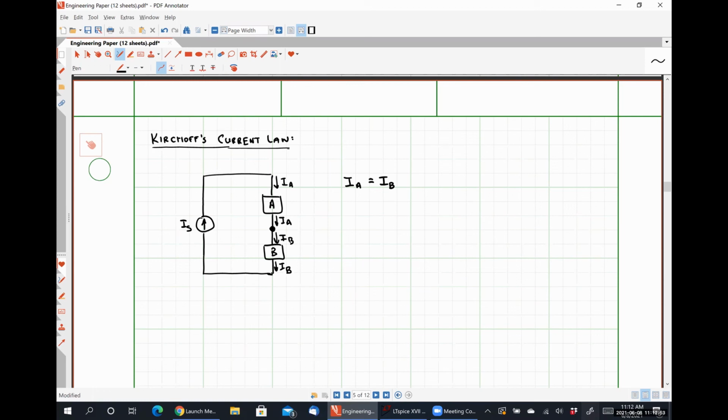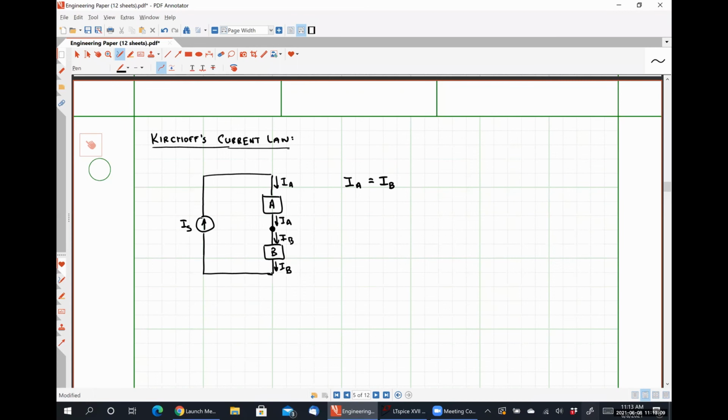That is true, but I would argue that the reason that those two currents are equal is because the current has nowhere else to go, right? How could they not be equal? There's no other possible path for the current to take.